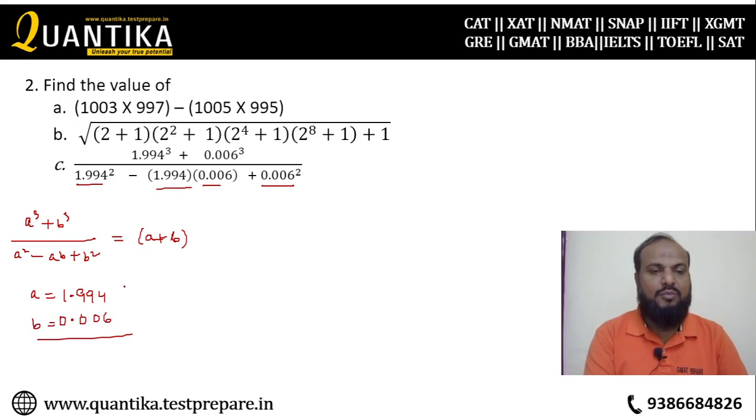When you add the two numbers, 4 plus 6 is 10, carry over; 9 plus 1, 10, carry over; 9 plus 1, 10, carry over; 1 plus 1, 2. So A plus B is equal to 2. This entire expression is nothing but 2. So the answer for question C is 2.